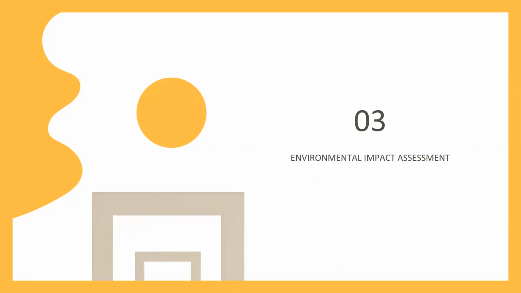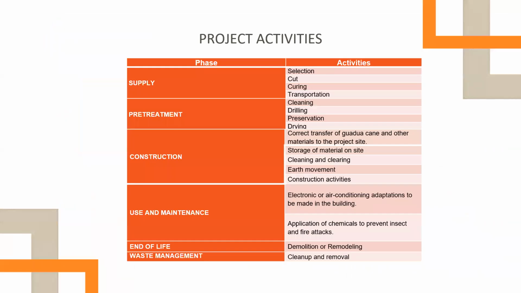Then we assess the environmental impact that is required for this type of structure. So we divide it into phases and different activities, like the supply, the selection to put the Bahareque, then the pretreatment that is required in order to have the preservation of this type of cane.